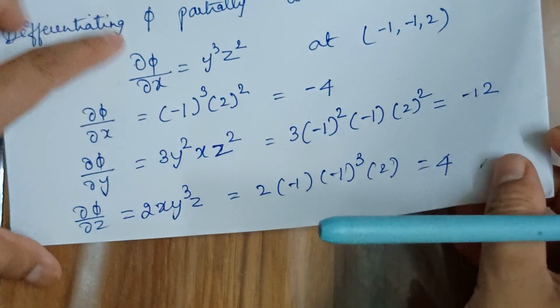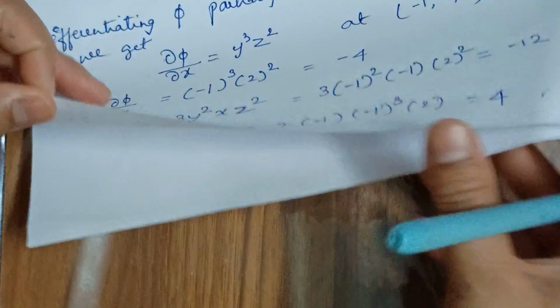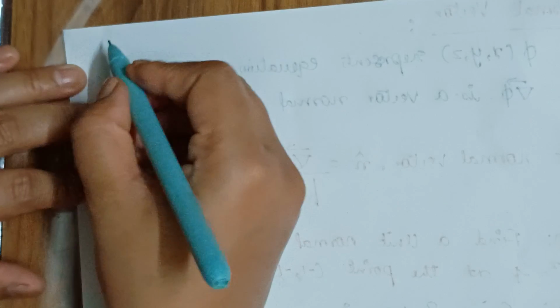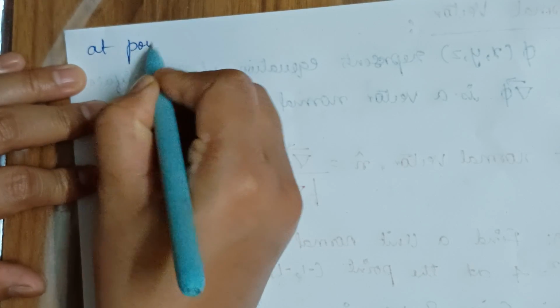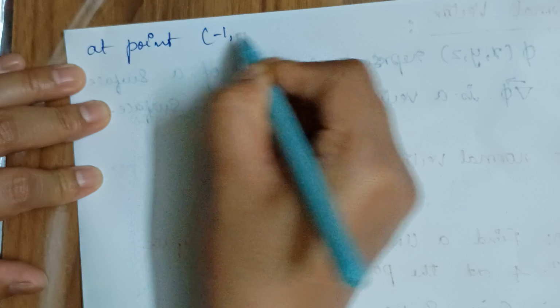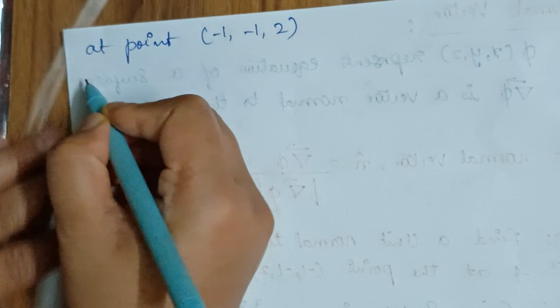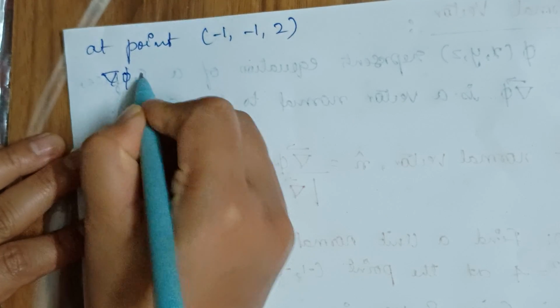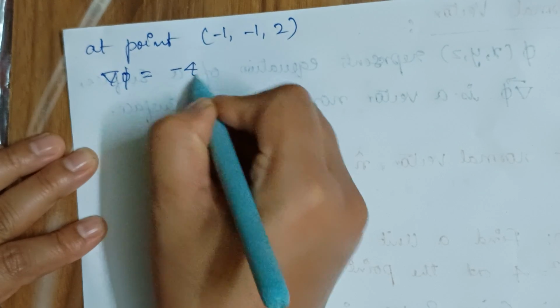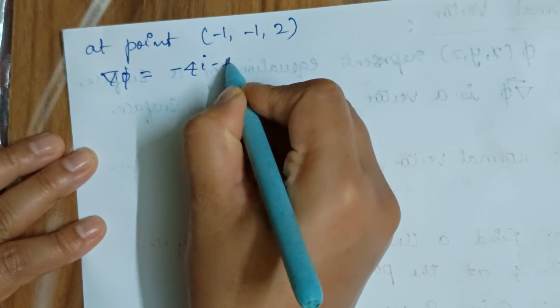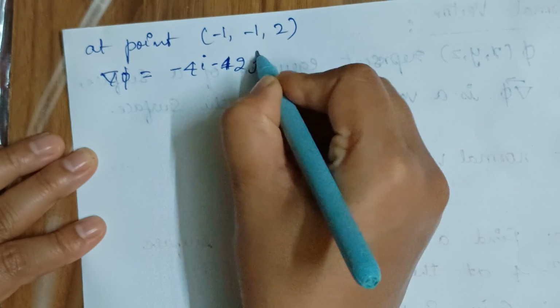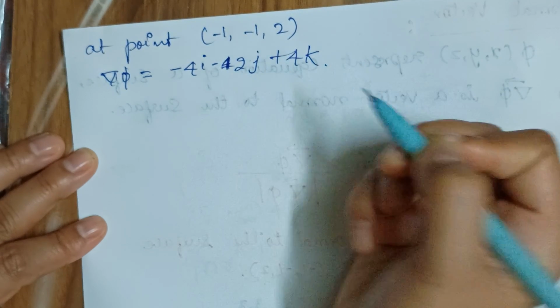So at the point (-1, -1, 2), del phi is nothing but -4i minus 12j plus 4k.